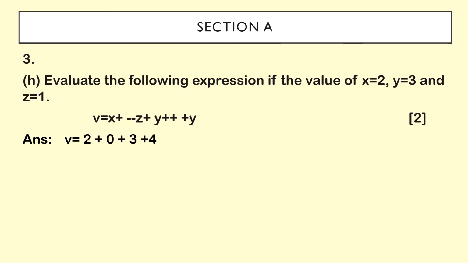See over here, the value of x is 2, the value of z is 0, decrementation taking place. The value of y is 3, since it will be used first and then only it will be incremented, and the value of y at the end will be 4, because after incrementation this is the first use. And now the total value will be 9. So I hope this is quite clear.